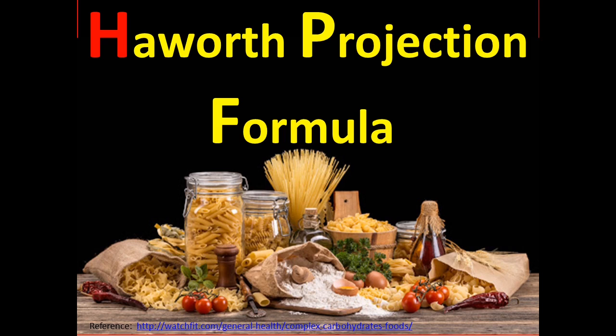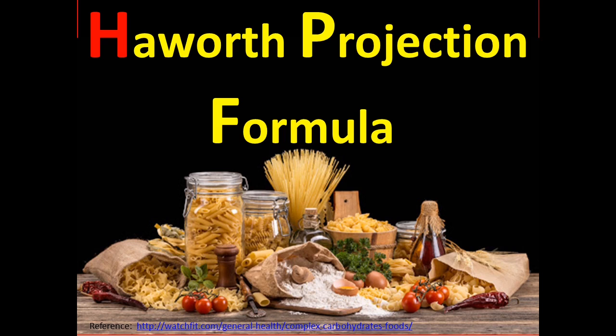Okay? So Haworth projection formula is a two-dimensional structural notation that specifies the three-dimensional structure of a cyclic form of a monosaccharide. Because in nature, the pentoses and hexoses are abundant, we know it, but the open chain structure that we know in Fischer projection in our other videos, the pentoses and hexoses are more abundant in a cyclic form.